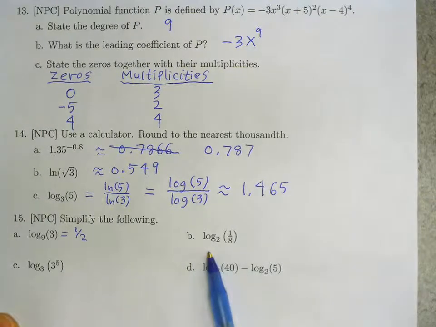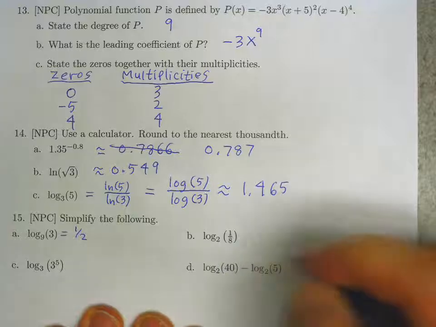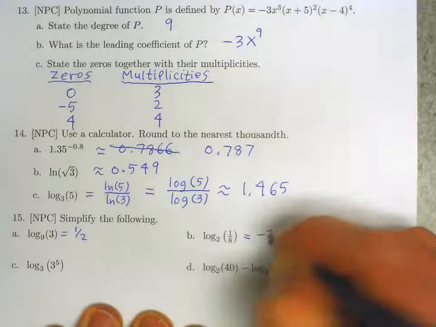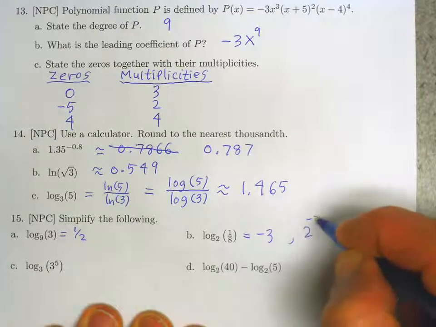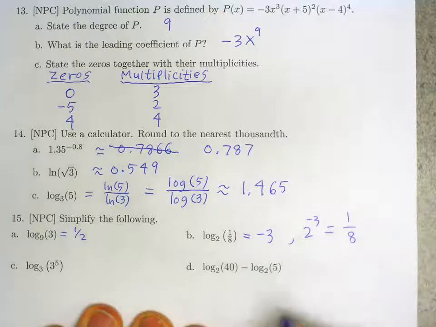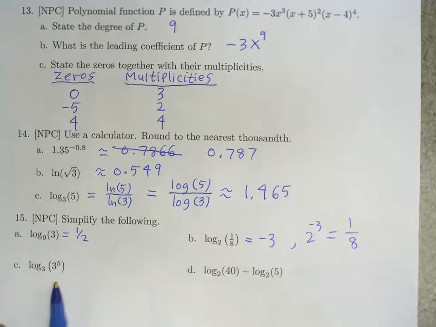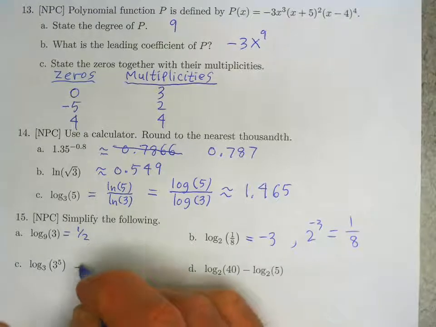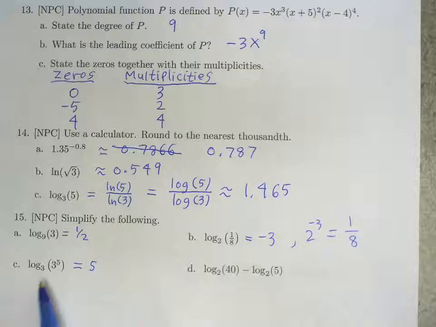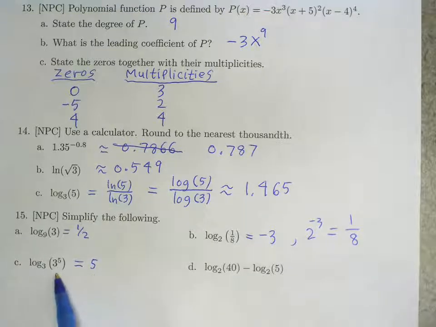Then part B, log base 2 of 1/8, that's equal to -3, because 2 to the -3 is 1/8. Log base 3 of 3 to the 5th, that's equal to 5, because 3 to the 5th equals 3 to the 5th.